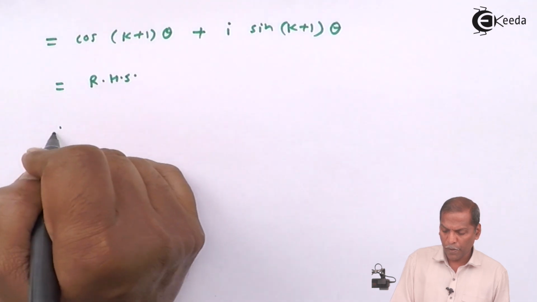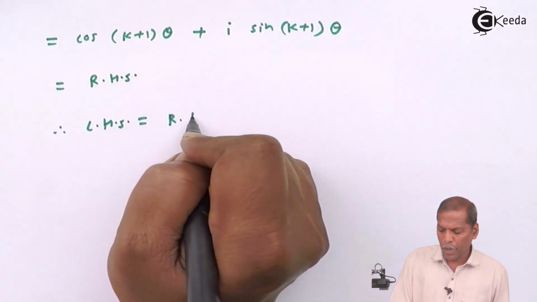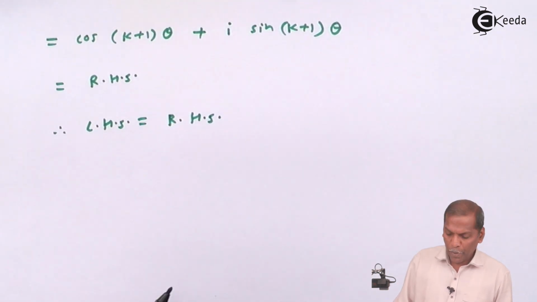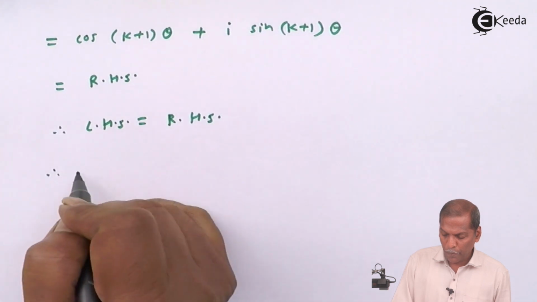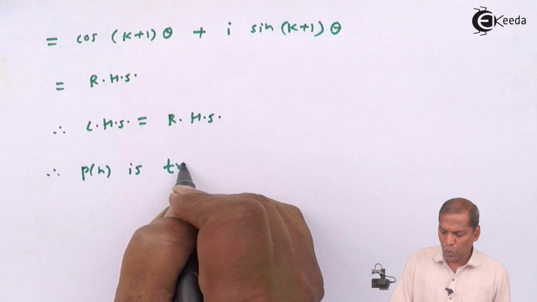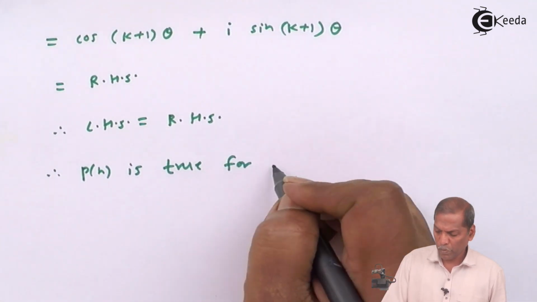So in this way we prove left hand side is equal to right hand side. It means we proved P(n) is true for n equal to k plus 1.